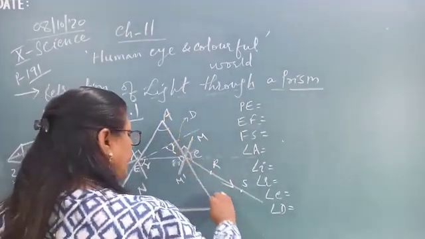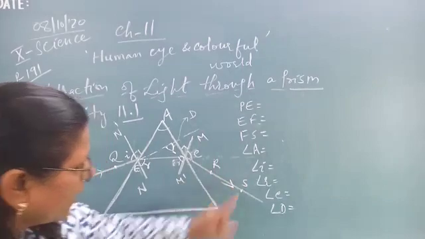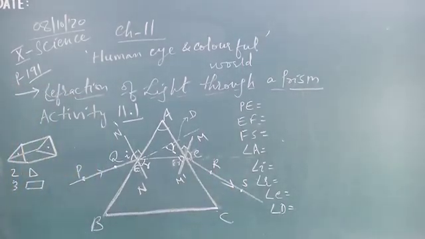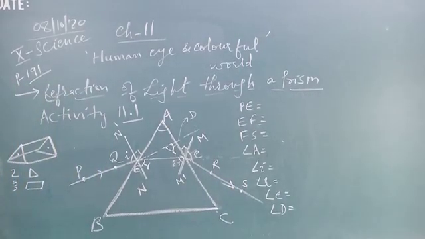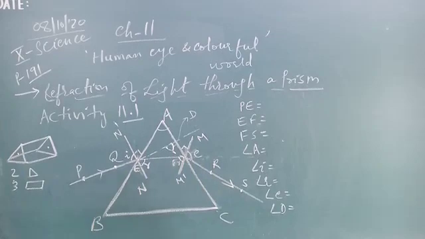You see the images of pins P and Q on the AC side. Then fix 2 more pins R and S in such a way that all are collinear. Collinear means they lie on the same line. So we have to fix the pins in such a way that all these 4 pins are collinear.